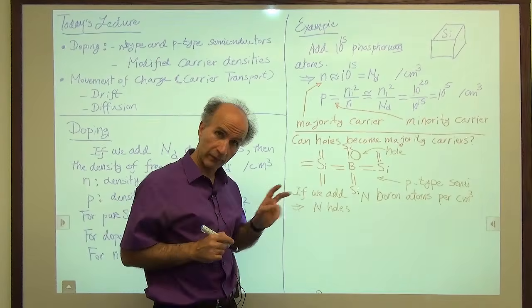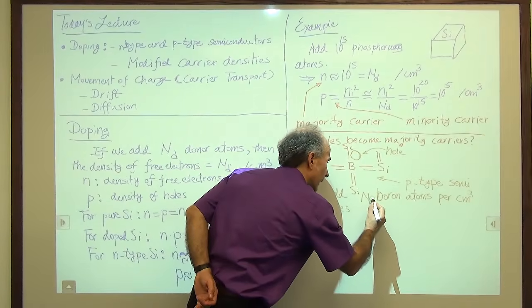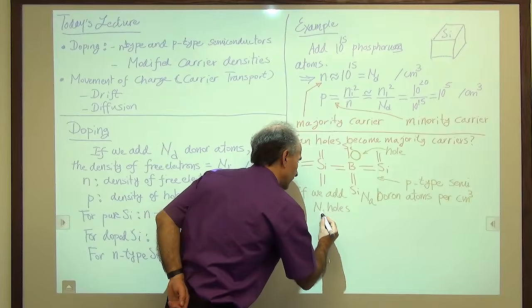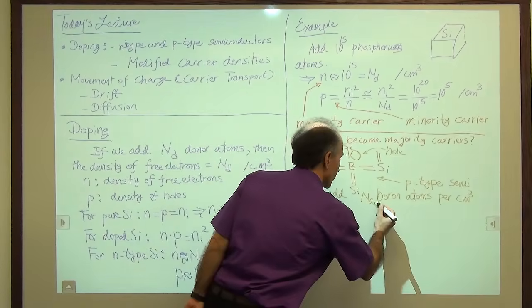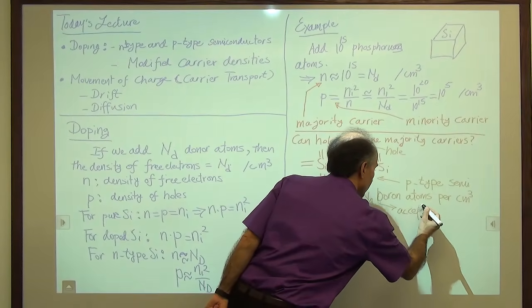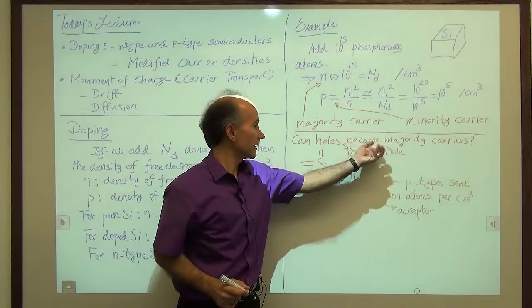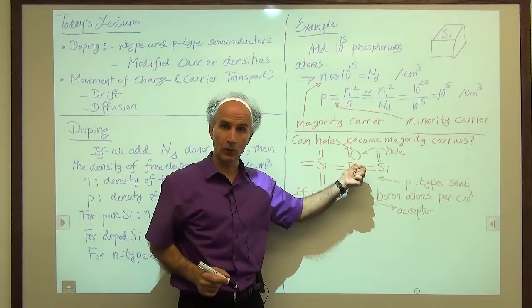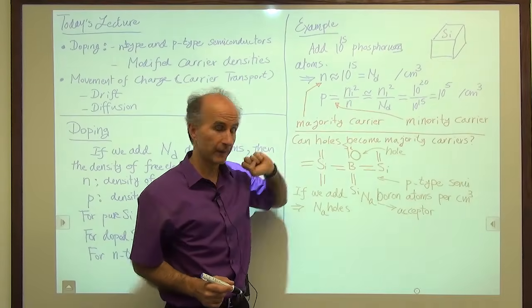Okay, so again, to avoid confusion, we will add subscript A here and here. And A stands for acceptor, because boron in this case operates as an acceptor, not a donor. Boron would like to receive an electron and fill up this hole, as opposed to phosphorus, where it would donate an electron.